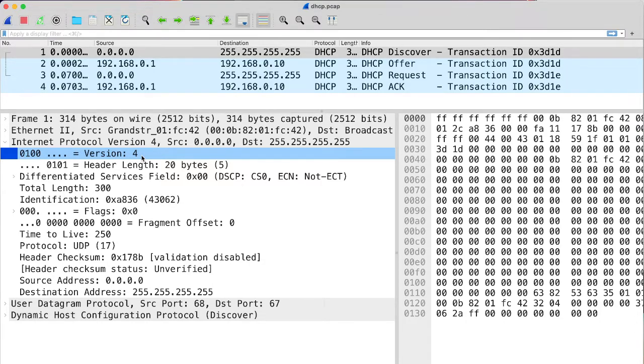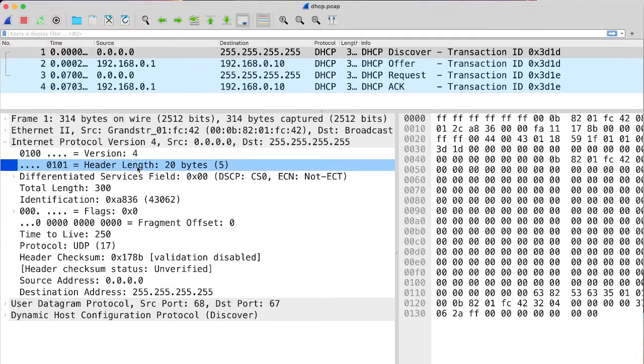That means we use IPv4. The second part is the header length. This number is 5, that means we have 5 words, and each word is 32 bits. So in total, if this number is 5, we have a 20 byte header. So we have no options.